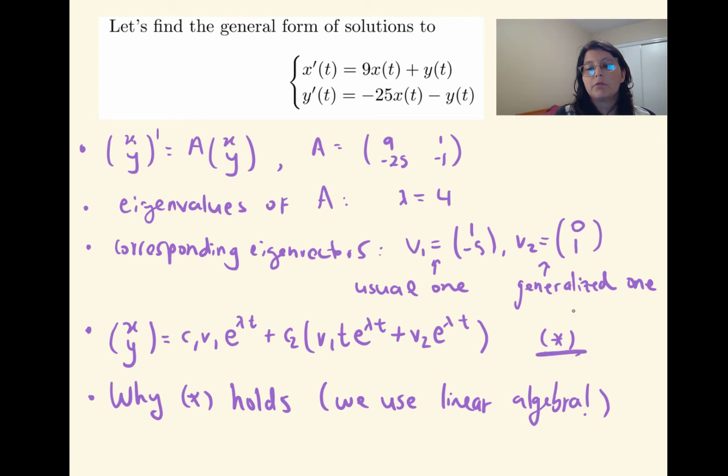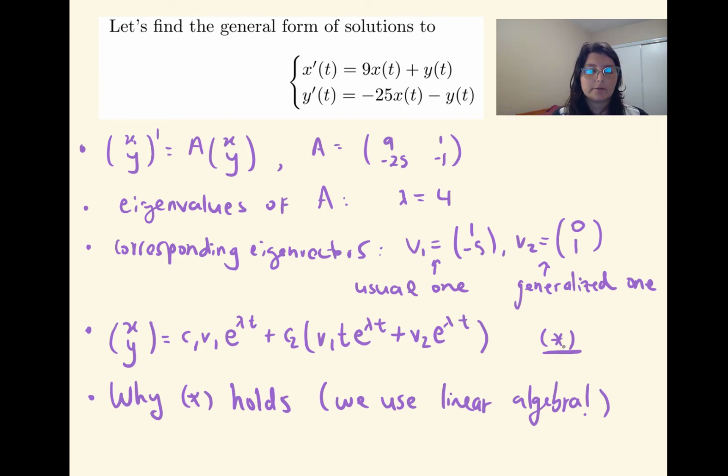So if you're not interested in learning about why we must have that x and y equal the expression here on the right hand side of the asterisk equation, then you can stop watching the video at that point. And that equation star will be true because we can use linear algebra to establish it.